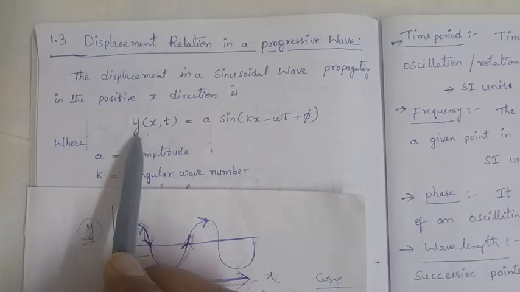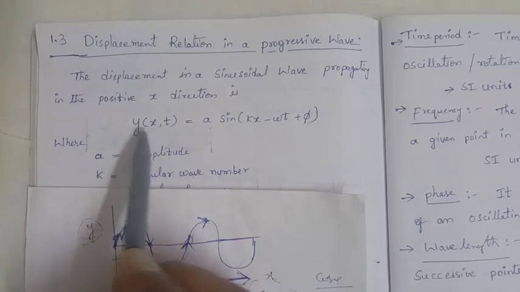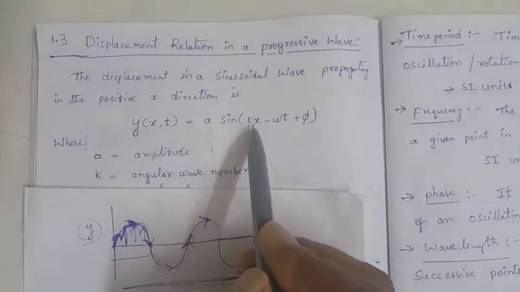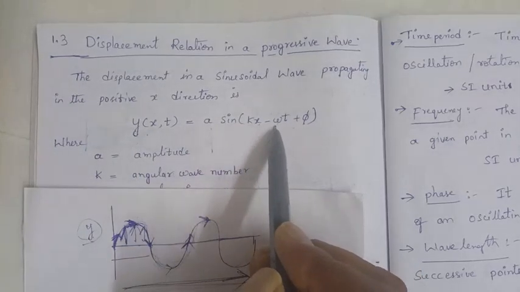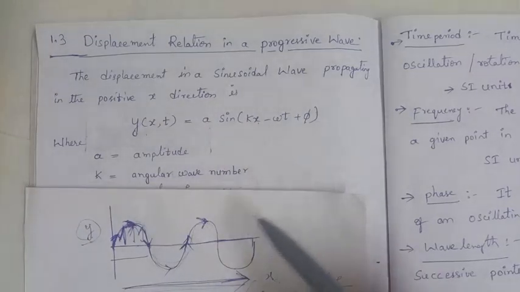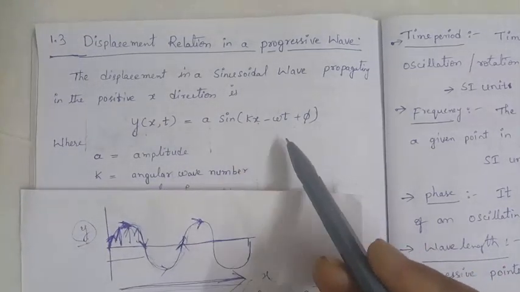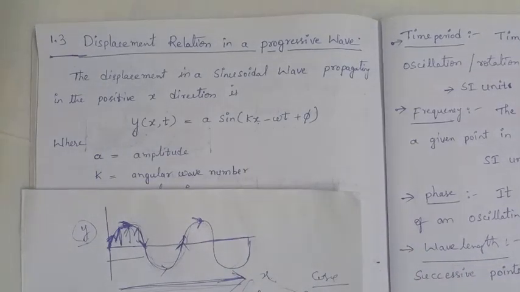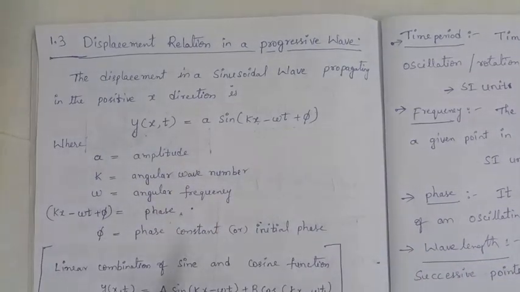Here y means displacement. This displacement depends upon the k, x, omega, t and phi values. Now further we will go for what is k, what is omega, what is phi. These values we will go for next.